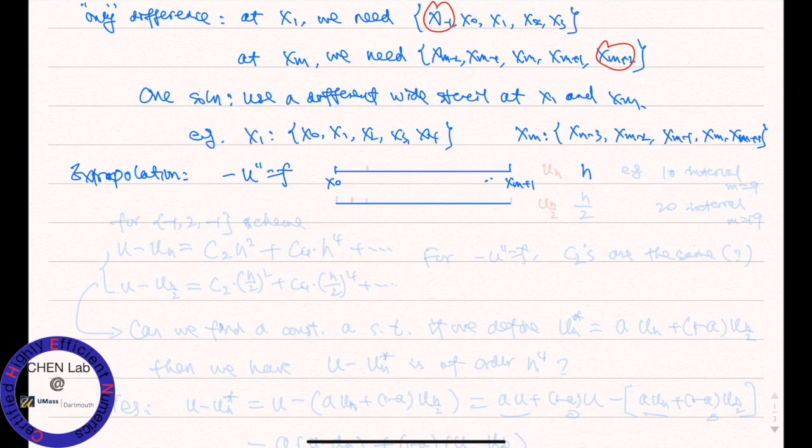And for another grid, the mesh size is h over 2, in other words, we have doubled the number of intervals. E.g., if you have 10 intervals here, and here 20 intervals, then for 10 intervals, m is actually 9, and here m is actually 19.